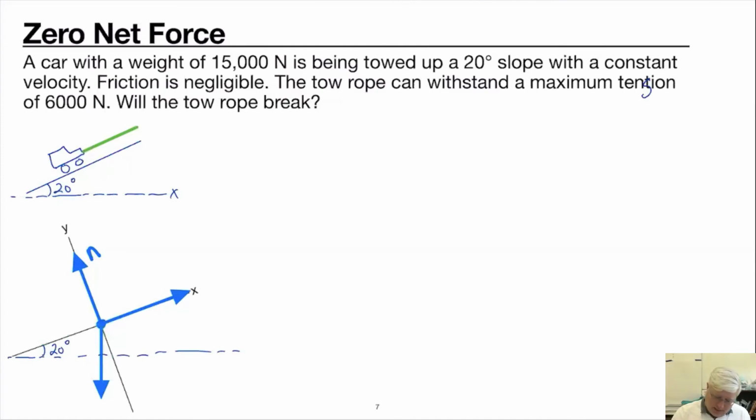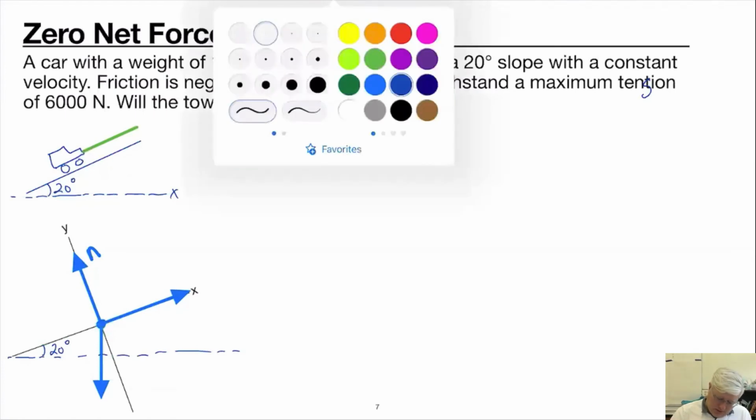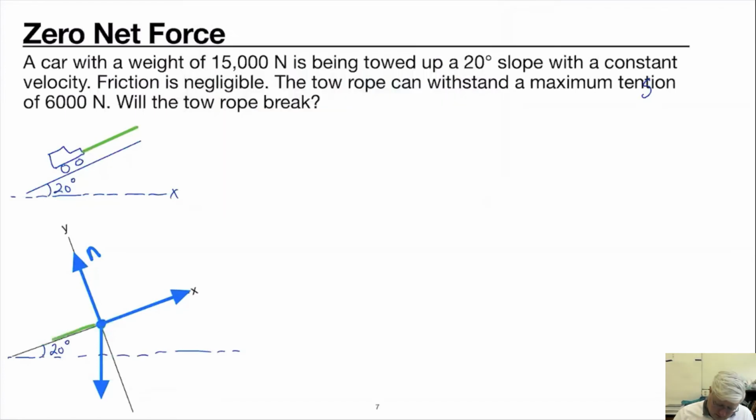So we're going to mark out the components of that. We'll have an x component of force due to gravity, and we'll have a y component. And also, if you recall from an earlier lesson, this angle here is also 20 degrees.